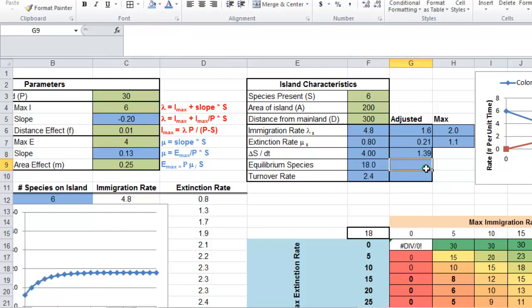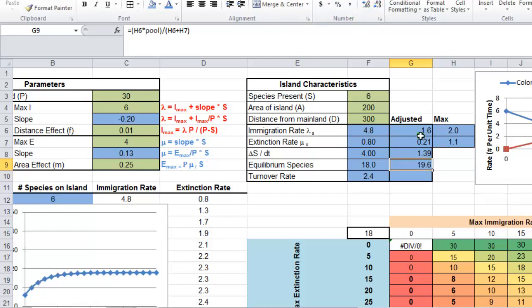So let's write that with our new values. So the numerator is the maximum immigration rate times the species pool, divided by the maximum immigration rate plus the maximum extinction rate in the denominator, and we end up with 19.6 species.